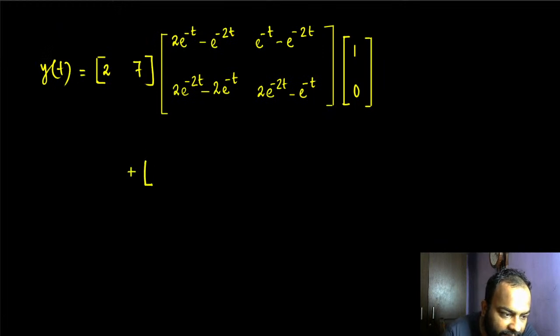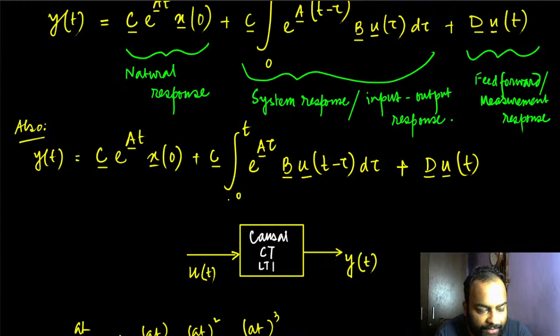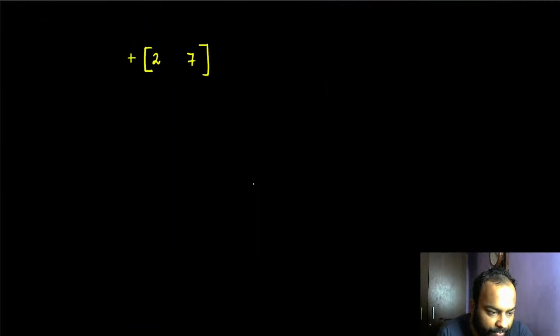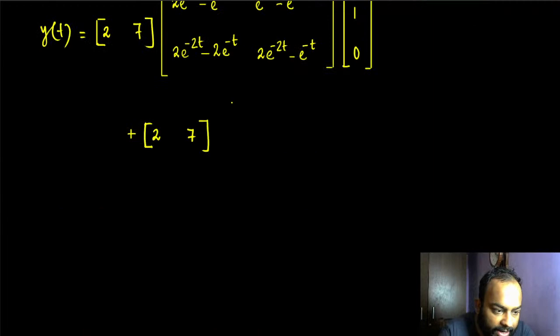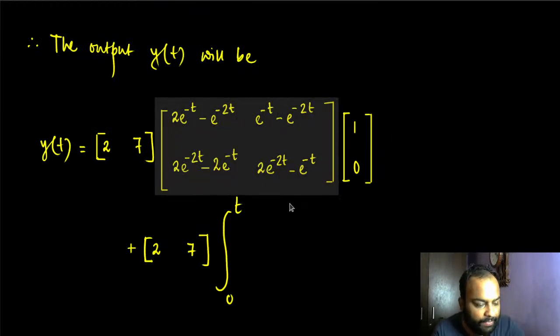Once again, we have C. That's 2, 7. All right, and now we are going to actually use this second form here. So we're going to do this integration from 0 to t, and now here we have e to the power a tau and bu, like that. So let's just write it down, that integration from 0 to t. Now I have e to the power a tau. Now this matrix is e to the power at.